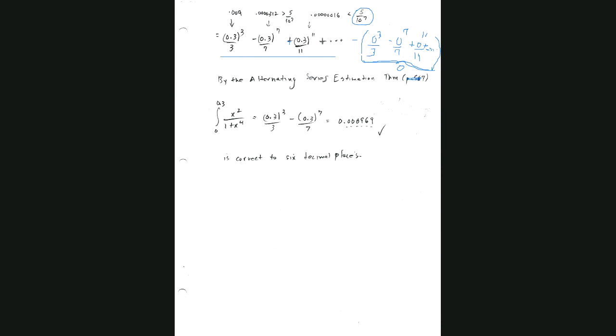So the first 2 terms are not less than 5 over 10 to the 7th power, but the third term is. So for the sum of this series, this definite integral correct to 6 decimal places, we only need to add the first two terms of the series, which isn't hard, right?